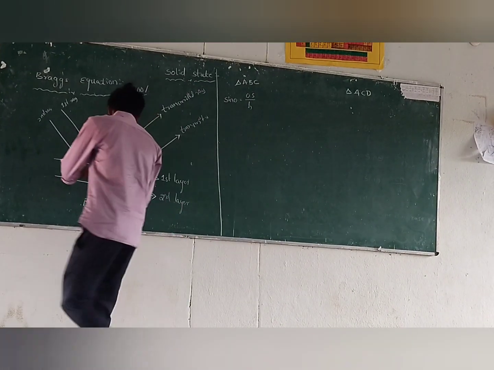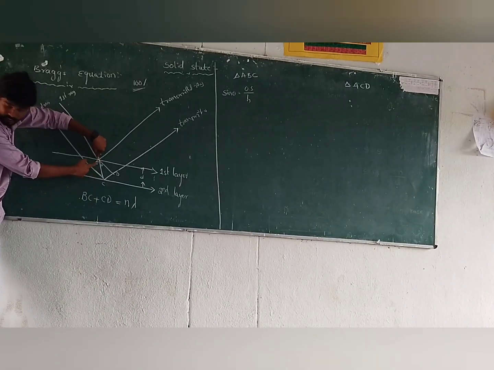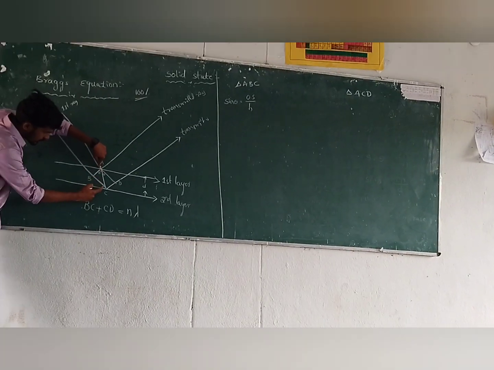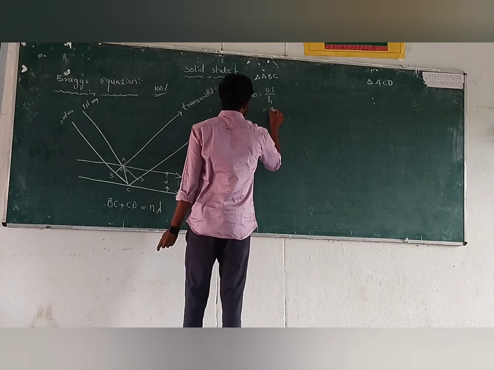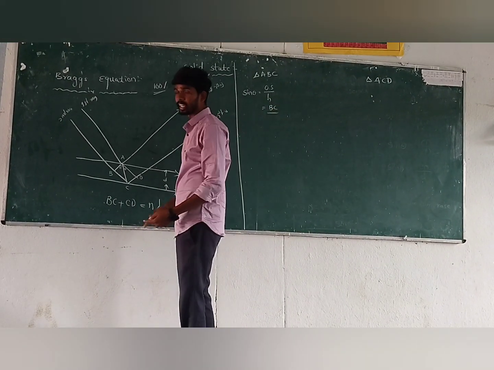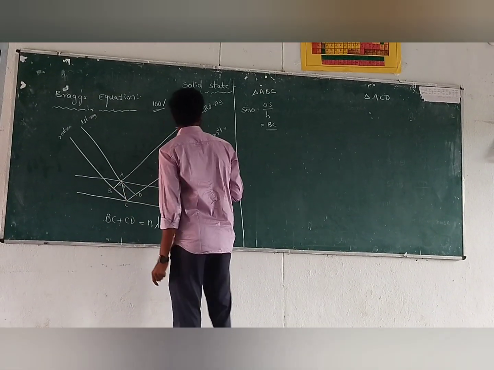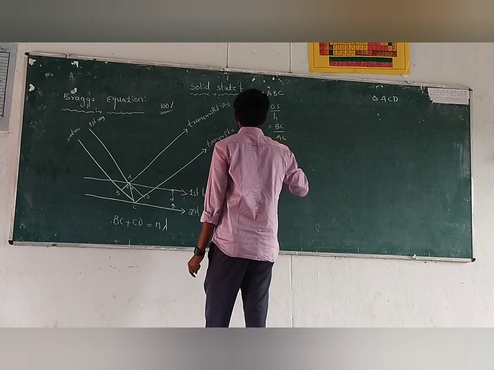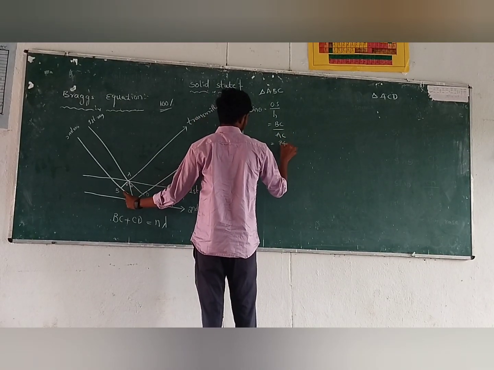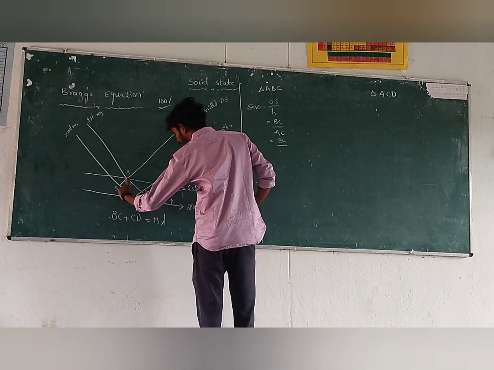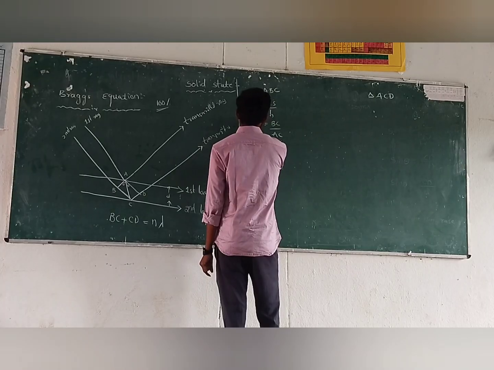The opposite side is BC, and the hypotenuse, the long side, is AC. Here we don't know the value of BC. AC is equal to small d.